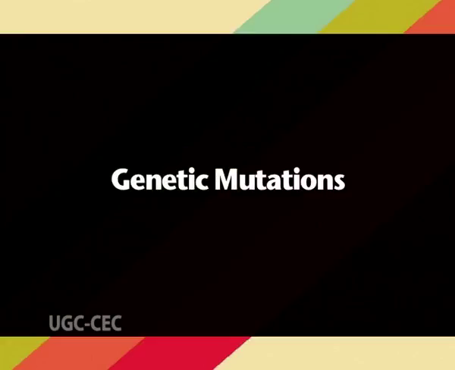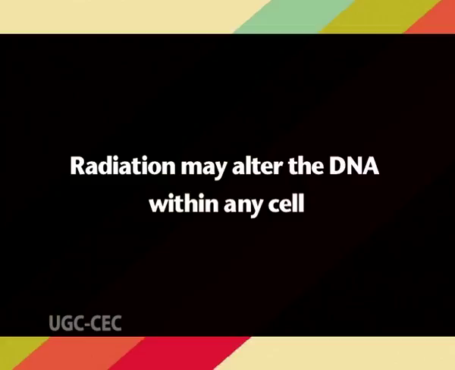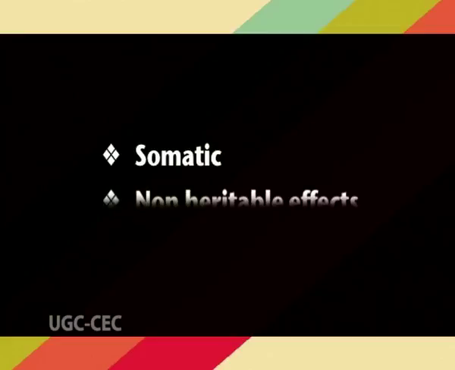Second, genetic mutations. Radiation may alter the DNA within any cell. Cell damage and death that result from mutations in somatic cells occur only in the organism in which mutation occurred and are therefore termed somatic or non-heritable effects.